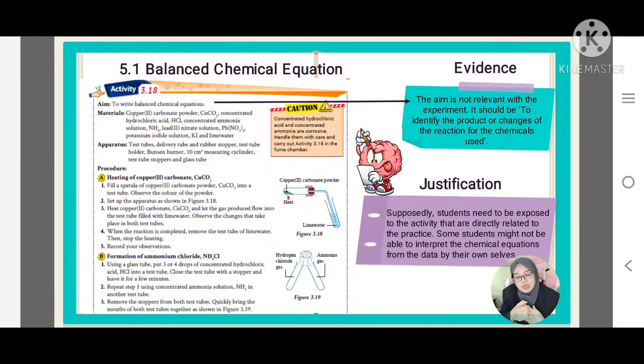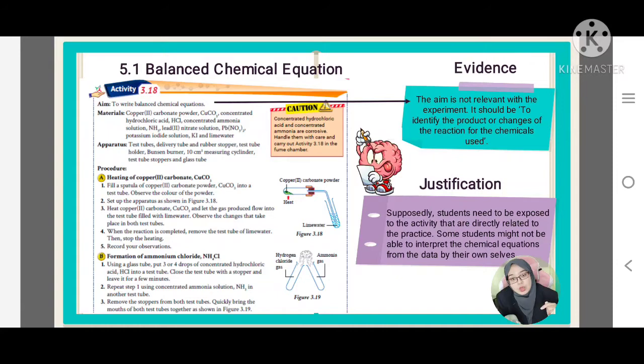So it does not help the students to understand the balanced chemical equation at all, and it is obviously not relevant. It should be changed to identify the product or changes of the reactions for the chemicals used. For the justification, supposedly the students need to be exposed to an activity that helps them get used to writing a balanced chemical equation.